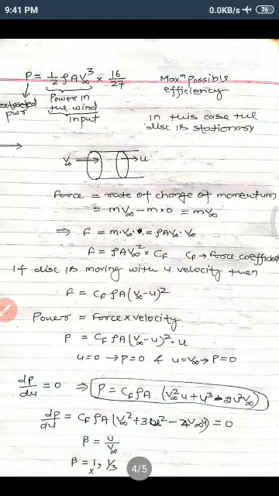If we differentiate this equation with respect to beta, beta gives two values, 1 and 1/3. Again the same case, we neglect 1 and take the value of beta as 1/3.